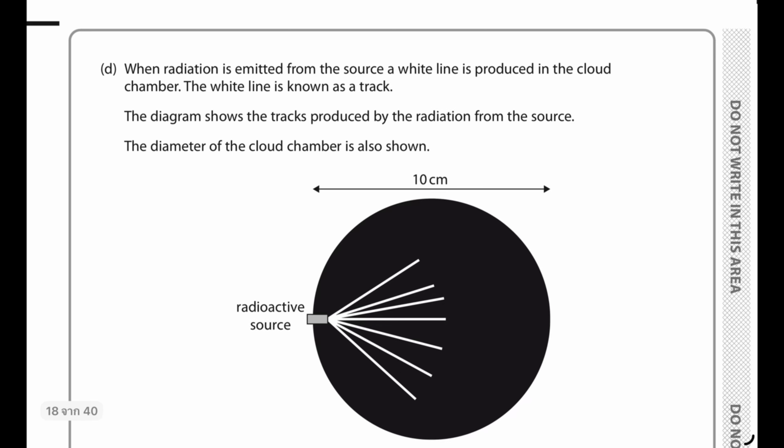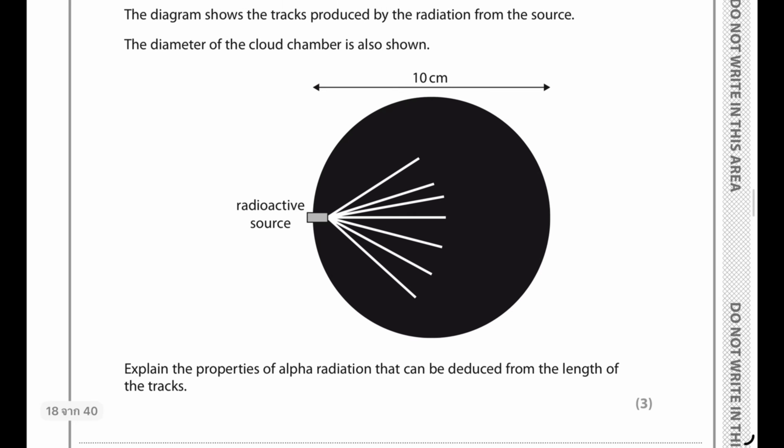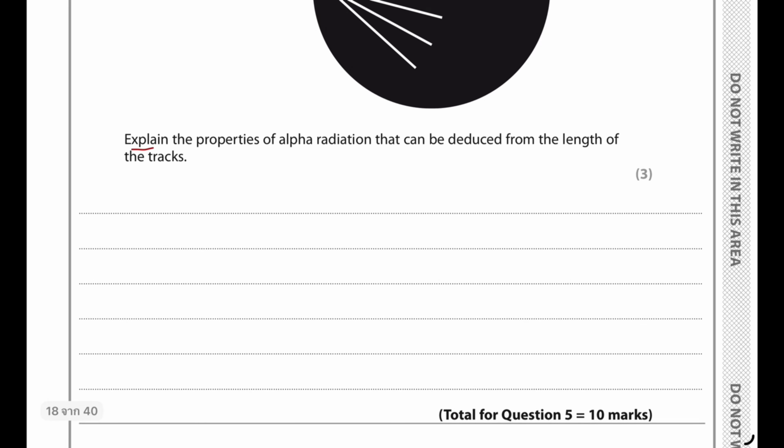Question D. When radiation is emitted from the source, a white line is produced in the cloud chamber. The white line is known as a track. The diagram shows the track produced by the radiation from the source. The diameter of the cloud chamber is also shown. Explain the properties of alpha radiation that can be deduced from the length of the track. Okay, first, all tracks are approximately the same length.